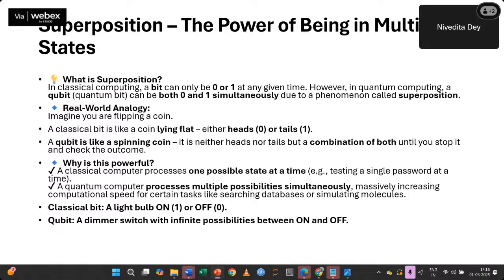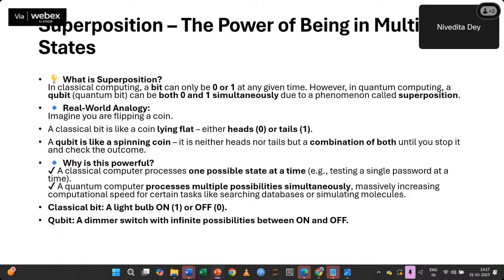So you can see maybe 30% of 0 and 70% of 1, then 31% of 0 and 69% of 1. Likewise, we'll see a transition. But it has a power to hold all those possibilities together, right? So that is the power of superposition.